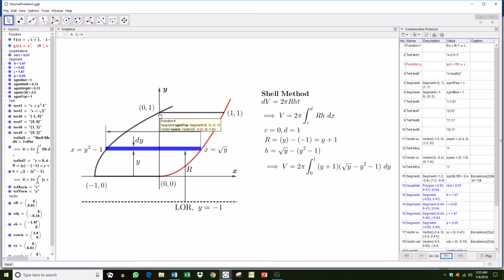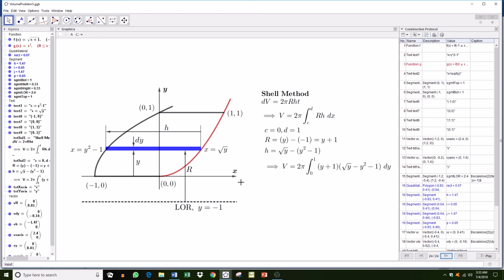R is the y value at this point, which is y, right? The y value at this point is the same as the y value at that point, which happens to be y, minus the y value here, which is -1 according to the line of revolution. So y minus -1 is r, which is y plus 1.